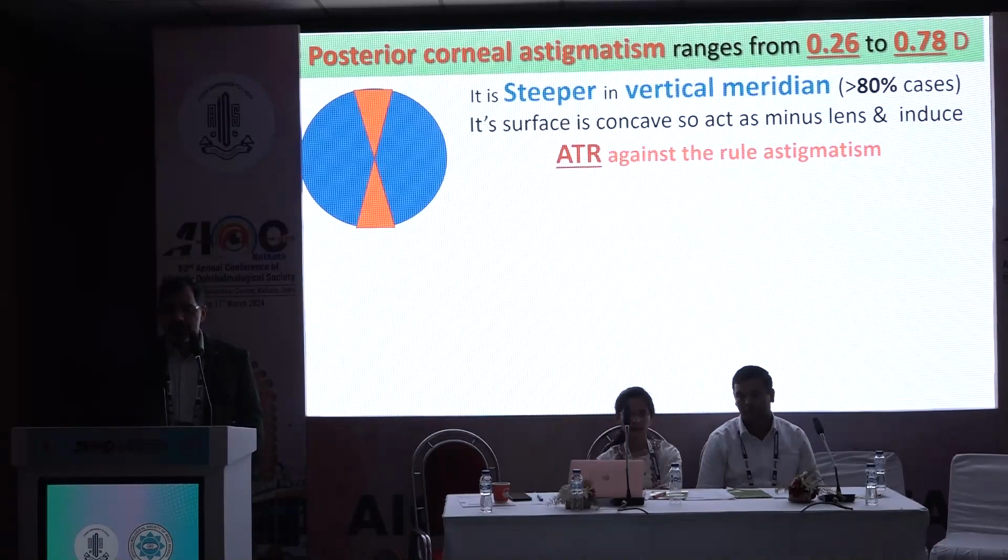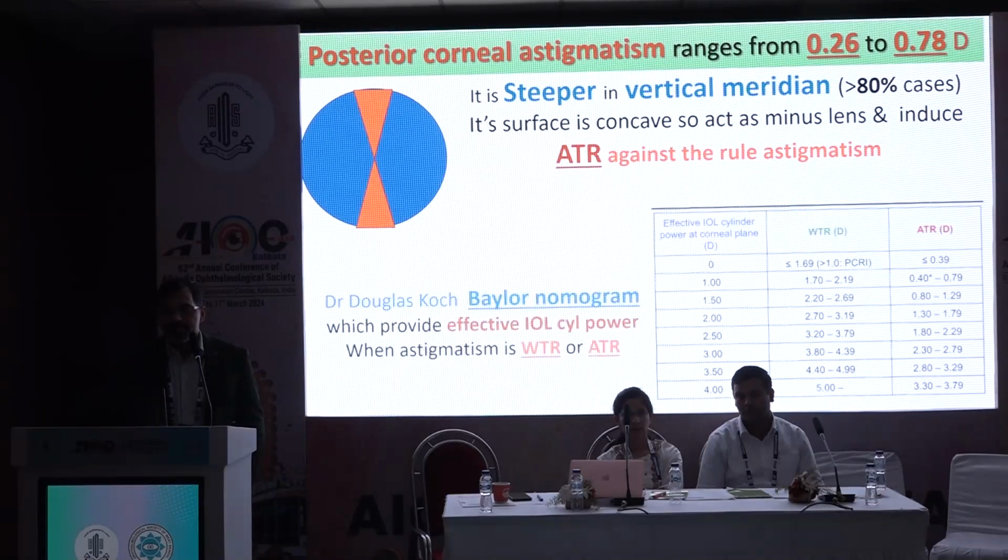Posterior corneal astigmatism ranges from 0.28 to 0.78 diopter. It is steeper in the vertical meridian in the majority of cases, more than 80%. Its surface is concave, so it acts as a minus lens. Though its curvature is vertically steep, it acts against the rule.